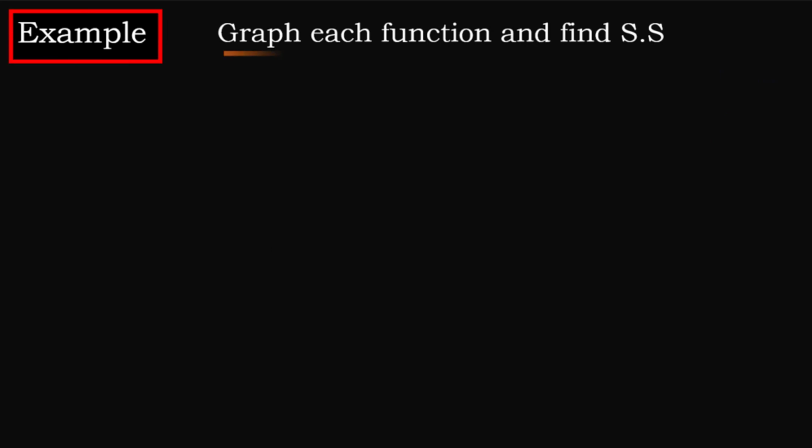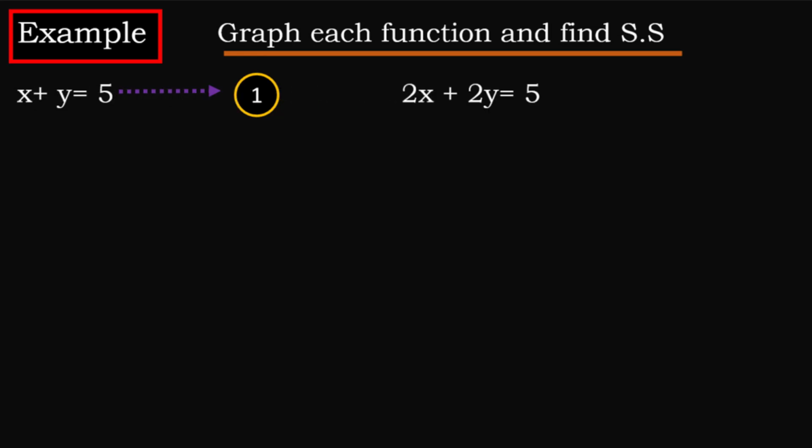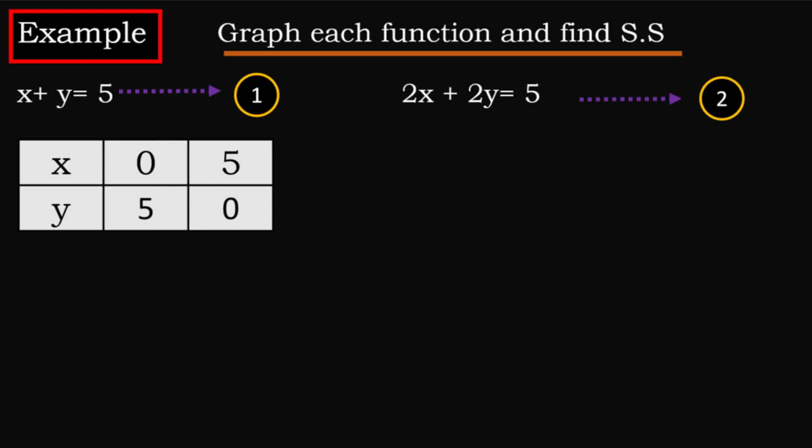Let's have another example. We have two equations. The first equation, x plus y equals 5, and the second equation, 2x plus 2y equals 5. We will find two points that satisfy the first equation. When x equals 0, we deduce that y will be 5.